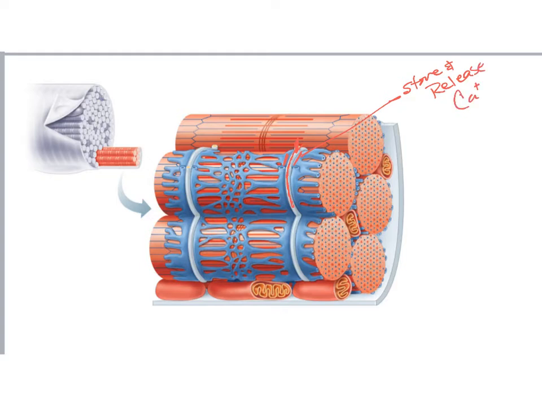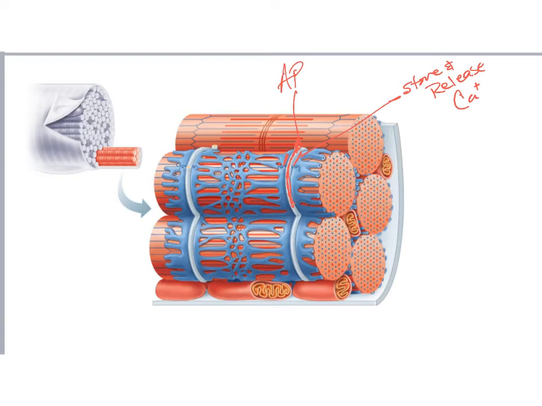And so when that action potential comes down, it's going to open those electrically chemical gated channels, and calcium is going to be released. So the action potential, I'm just going to put AP here, action potential moves down from the sarcolemma into the inner parts of the muscle fiber.